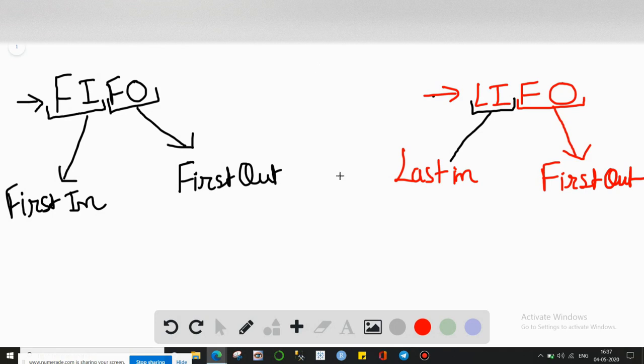So first of all, we will consider the FIFO method, then we will move to LIFO method. So FIFO method says that which of the items or which of the raw material has been purchased in first place will be sold in first place. So it becomes technical. So let us understand with an example.